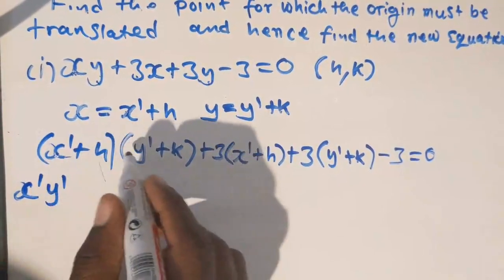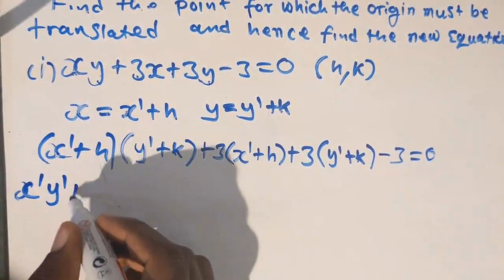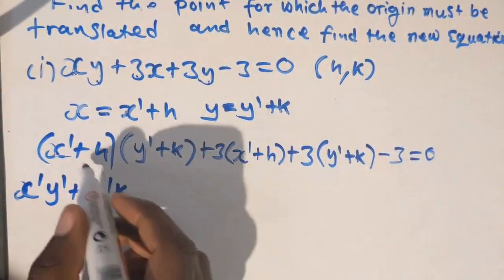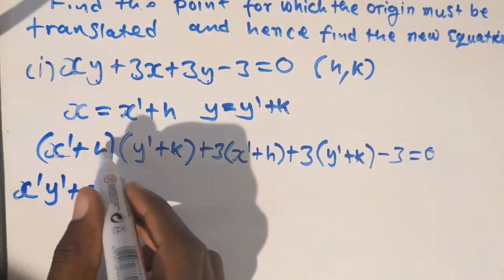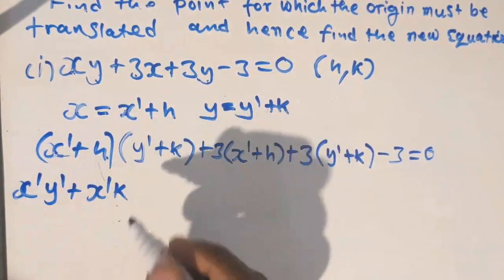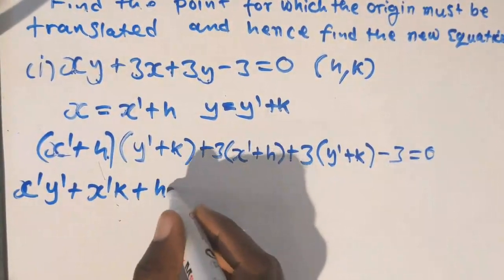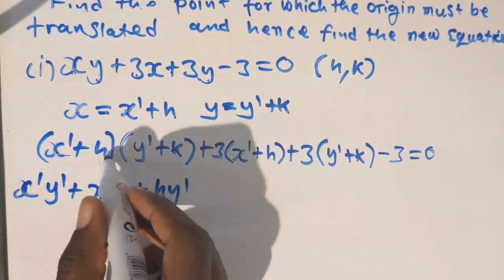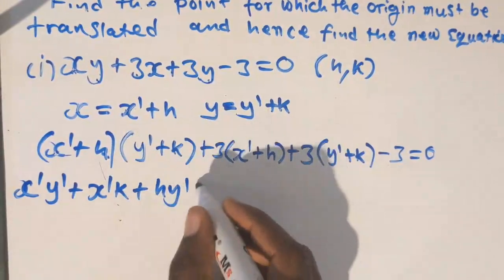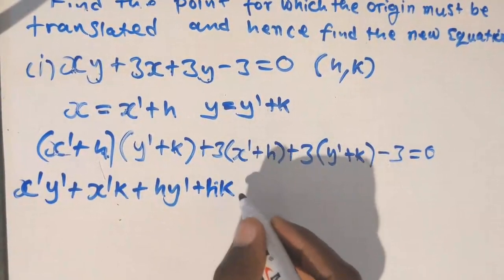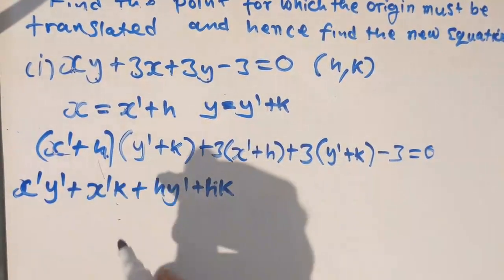Then x prime times k is x prime k. Then h times y prime is positive h y prime. h times k is hk. We are done with that.